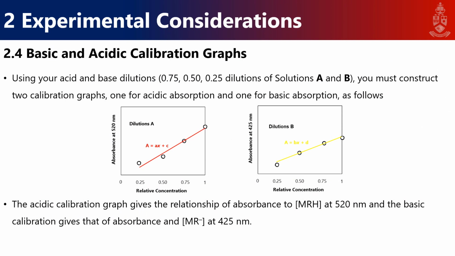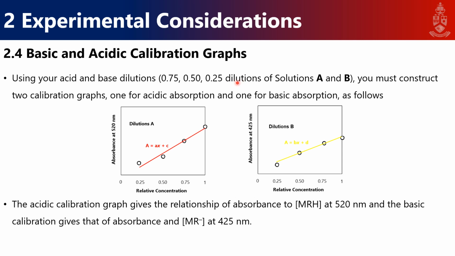So you will start with taking absorbance measurements for the dilutions of both solutions A and B. So you will have 4 solutions plus a blank, so that's a 5th measurement in principle. In other words, a 100%, which is solution A and B, and then their dilutions of 0.75, 0.5, 0.25, and then the blank, which is in principle 0, or 0% relative concentration.